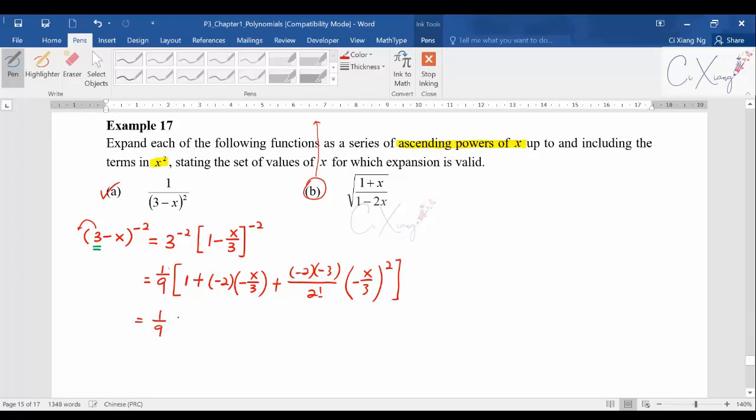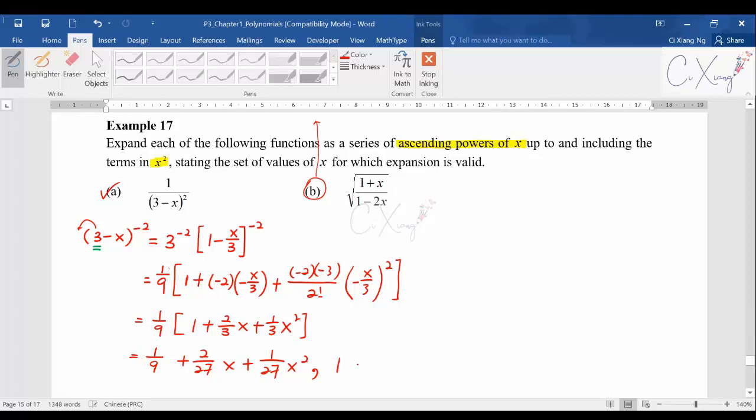If you do this binomial expansion correctly by pressing the calculator and didn't make any careless mistake, you should have 1 plus 2 over 3 x, plus 1 over 3 x squared. Only now you multiply the 1 over 9 in, then you have 1 over 9 plus 2 over 27 x plus 1 over 27 x squared.